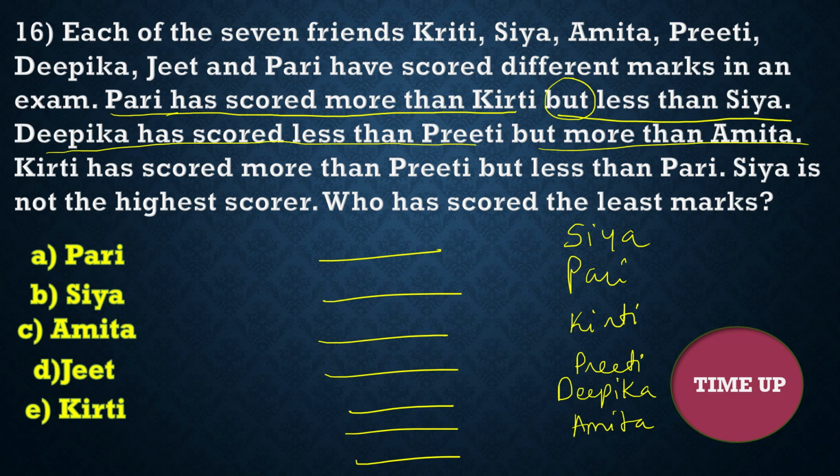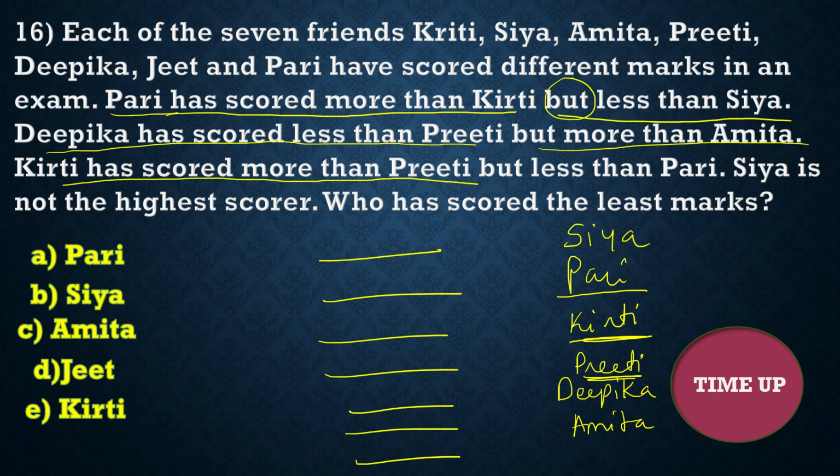Correct? Next, Kirti has scored more than Preeti, but less than Pari. Okay.